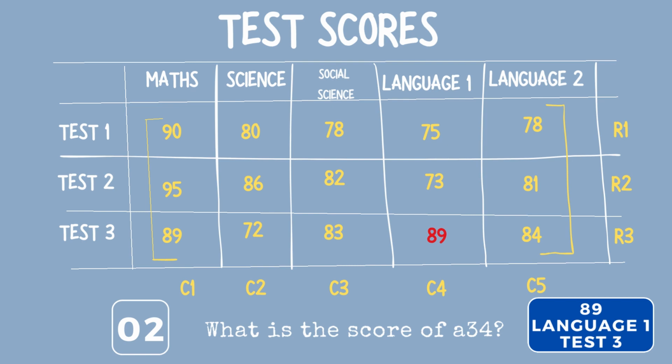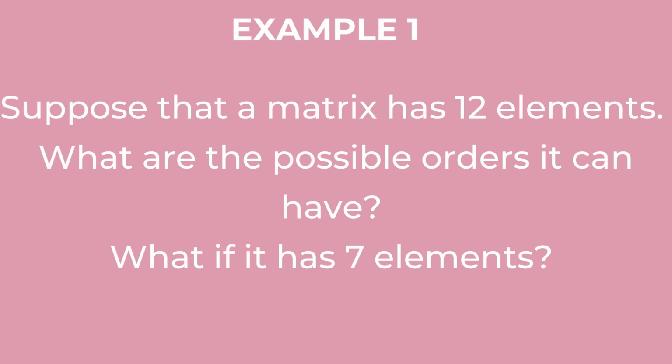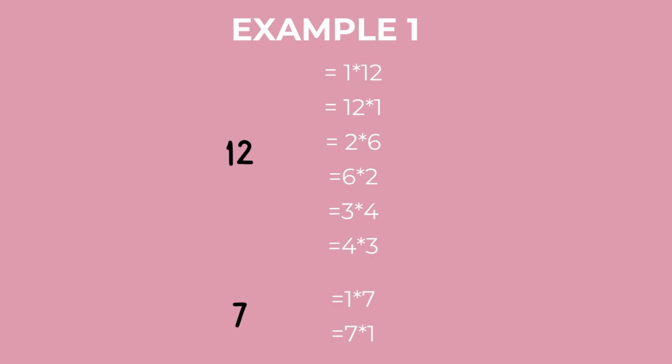Now let's look into another example. Suppose that a matrix has 12 elements, that is 12 entries. What could be the possible orders it can have? The second part is, what if it has 7 elements? Let me give you 10 seconds. Yes, you're right. The number of elements is the product of number of rows and number of columns.